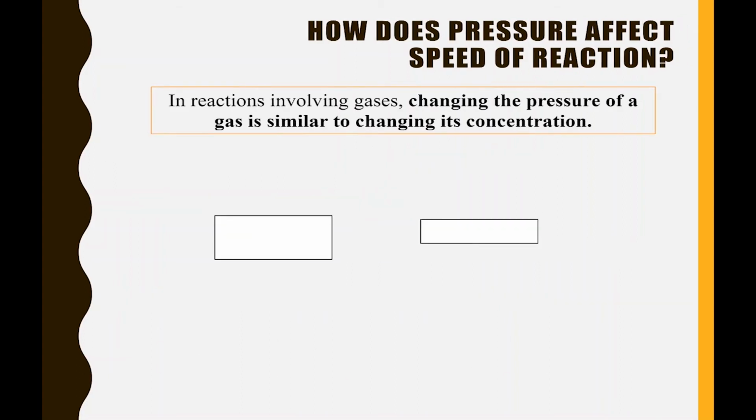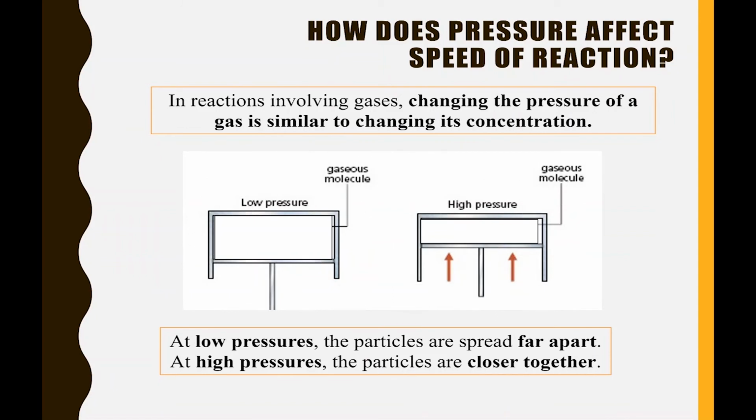Okay, so now let's look at this diagram. Okay, similar to what the teacher was doing in the clip previously. Okay, at low pressure, the gaseous molecules, or in this case, we'll draw in atoms. Okay, because for simplicity's sake.